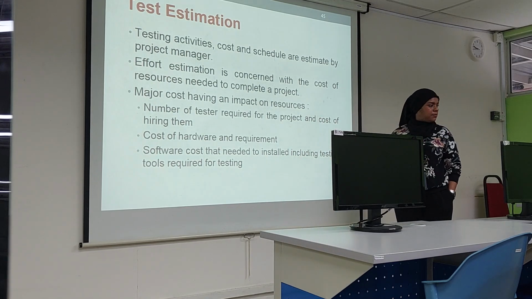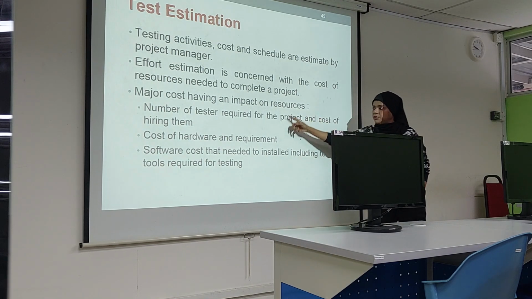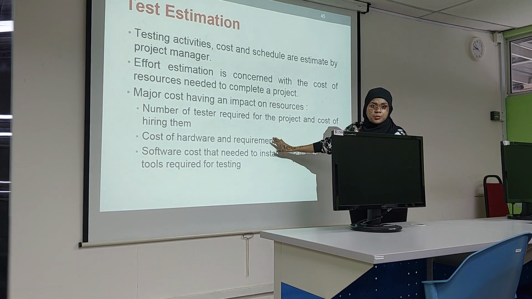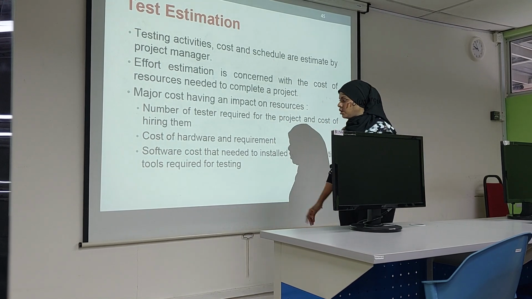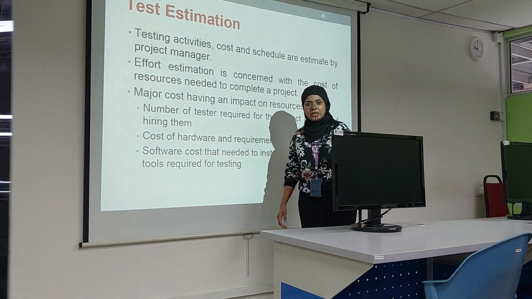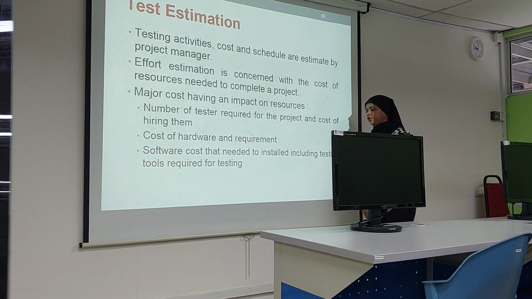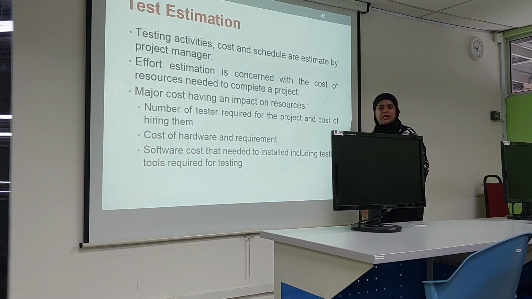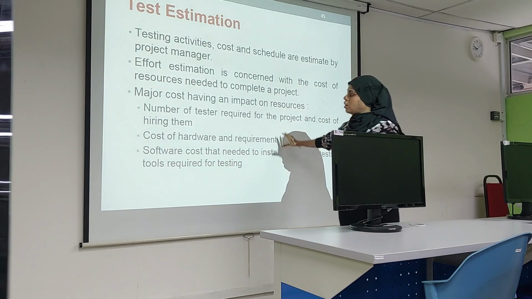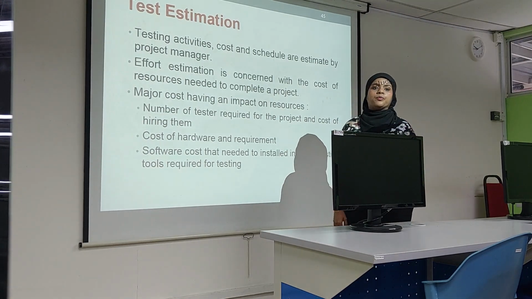So how many testers we need for us to do the test case execution, to set up the test environment and so on. And then for the material, how much money we need, okay? And then if we need anything additional like new software testing tools and so on. So all this actually involves money.